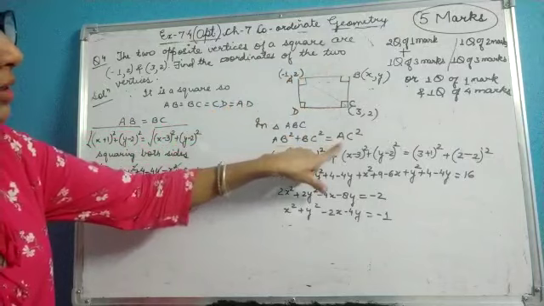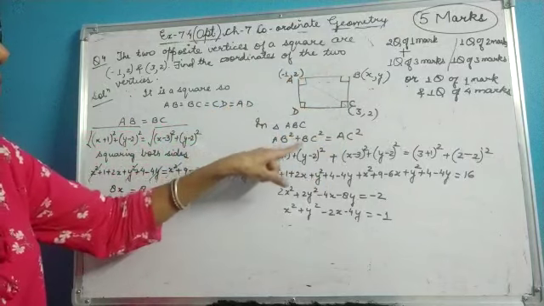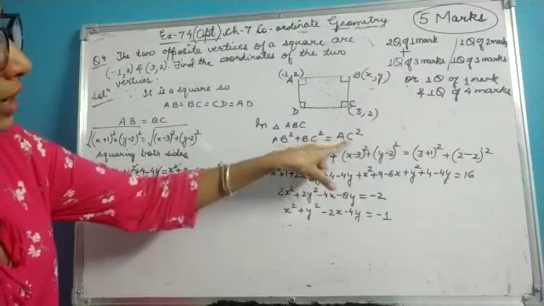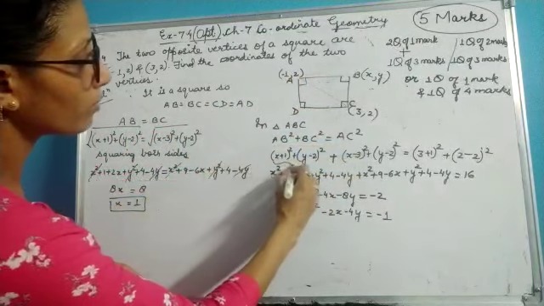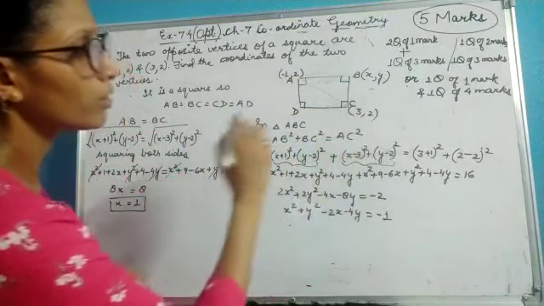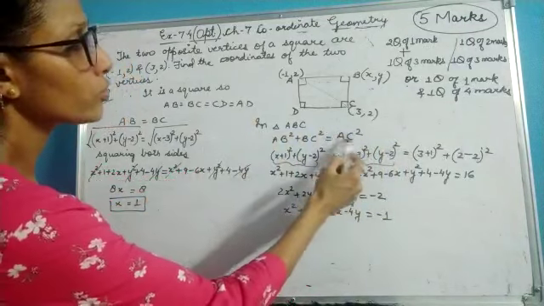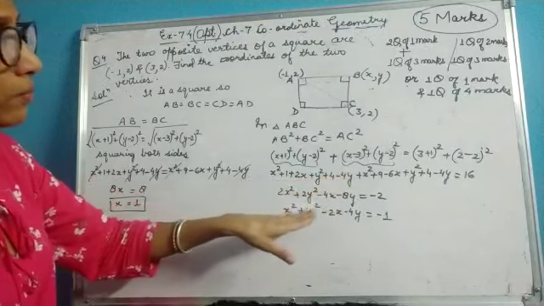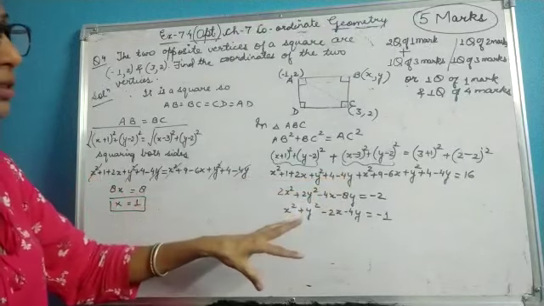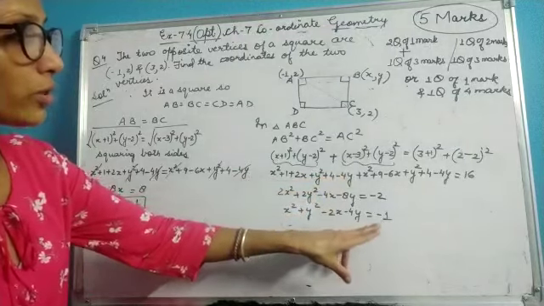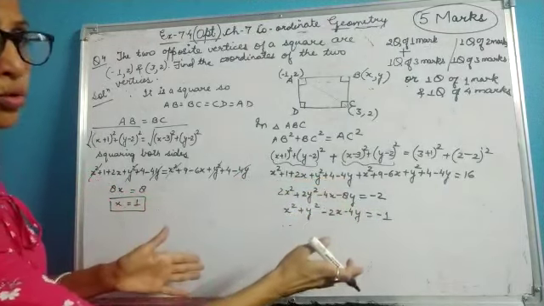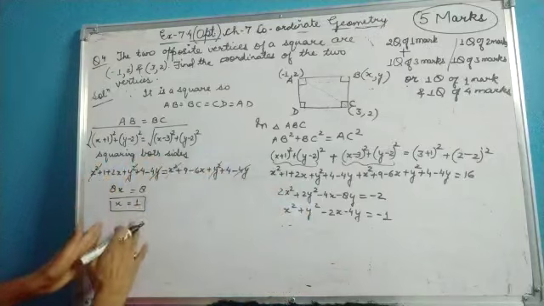So I have written this, and then again I have applied my distance formula for AB, for BC, and this is your length AC. Then I have just simplified, added the like terms, and I have got the equation as this.